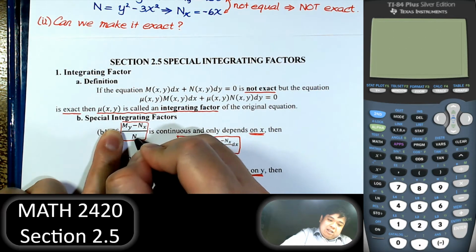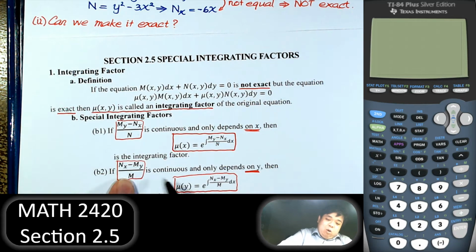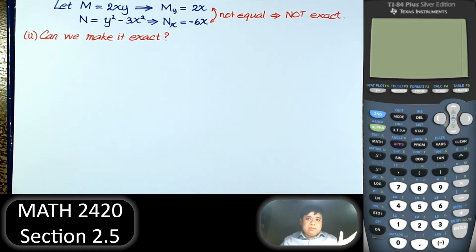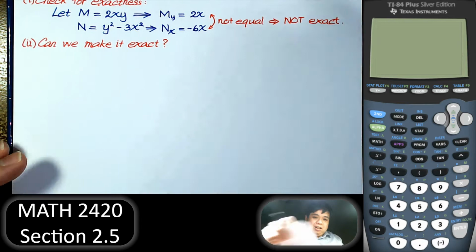So like N_x and N_x, M_y and M_y, this only depends on y. If we start with N, we divide by M and it will depend on y.